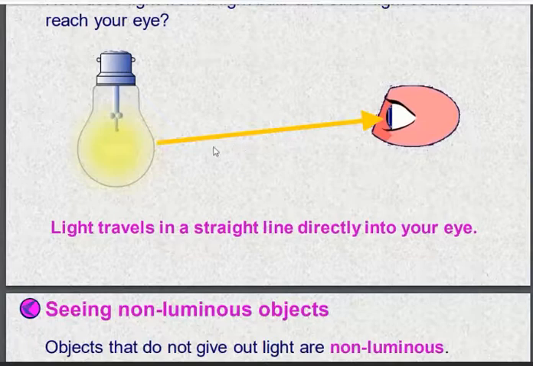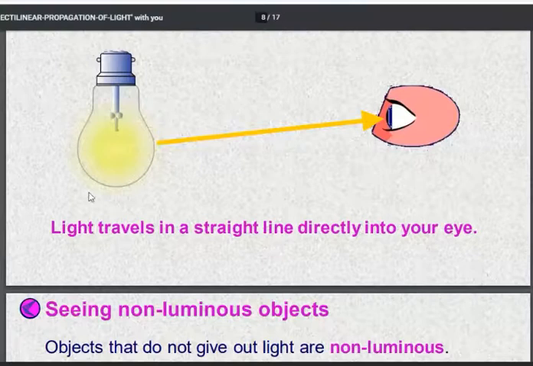If we consider only one part of this beam, that is called a ray of light.